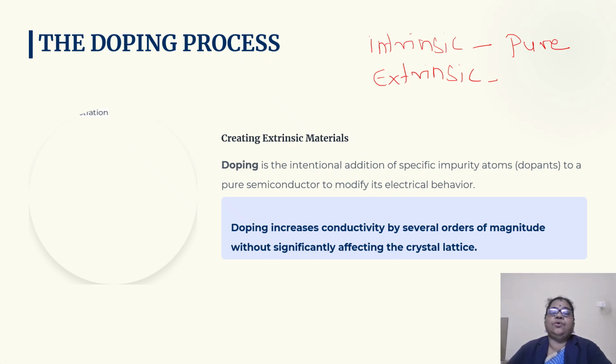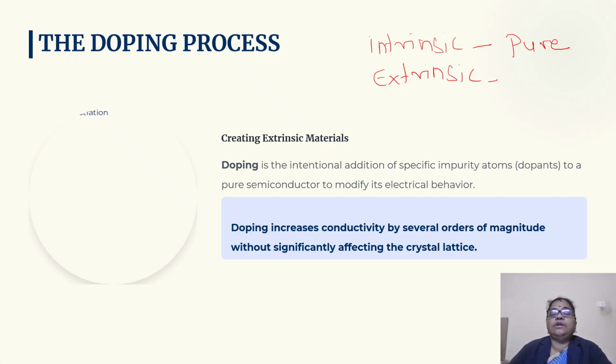So why do we need to go for doping? The intrinsic semiconductor is a pure form of semiconductor. In that semiconducting material, we have an equal number of electrons and holes. We cannot create much electrical conductivity with an equal number of electrons and holes, so the electrical conductivity is basically low for an intrinsic semiconductor.